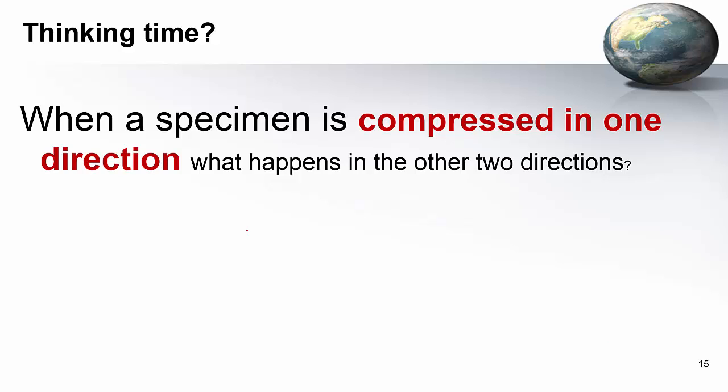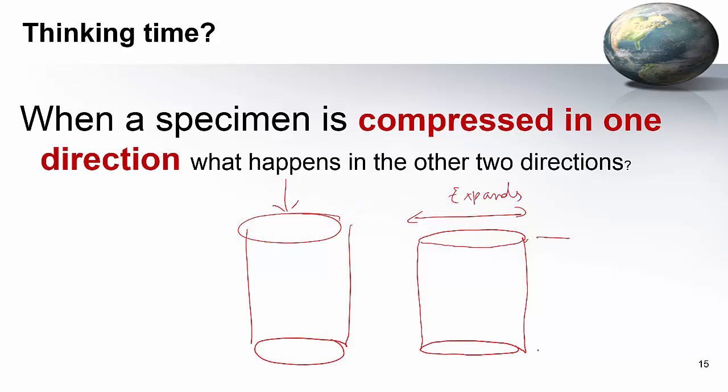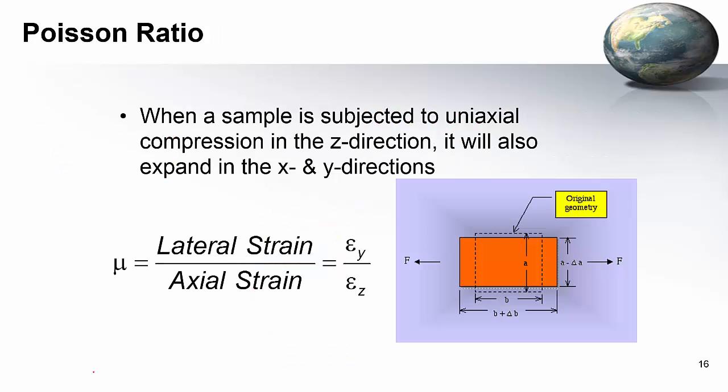So when a specimen is compressed, it gets shorter, but it gets wider. So it expands while it is compressed. The Poisson's ratio, which is a property of a biological material, is defined as lateral strain by axial strain.